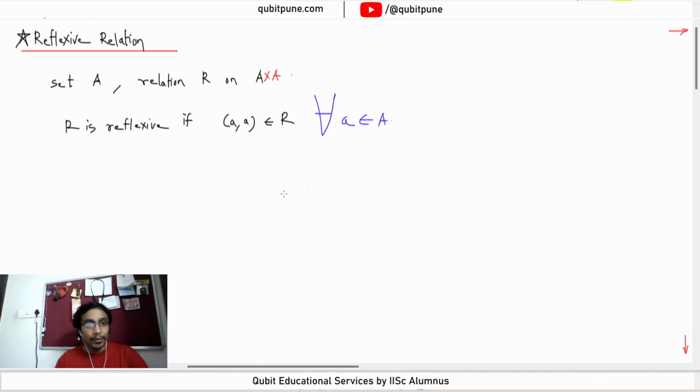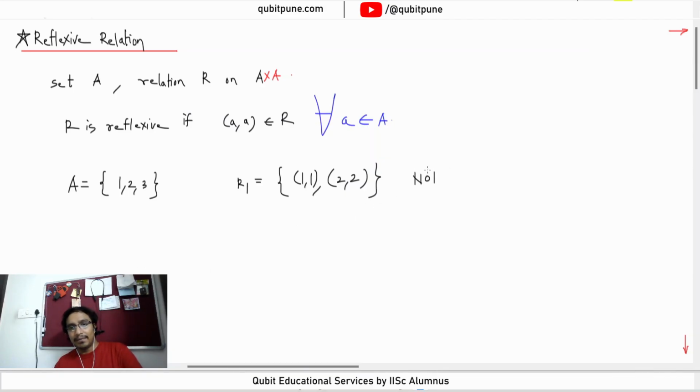Let me make it clear now what I mean by that. Suppose A is {1, 2, 3}, and suppose I say R1 as {(1, 1), (2, 2)}. Now why is R1 not reflexive? Yeah, exactly. It does not involve (3, 3), because (3, 3) does not belong to R1.